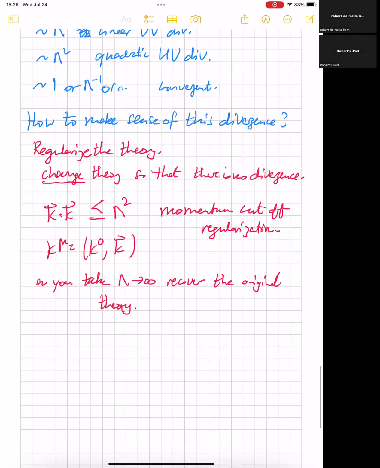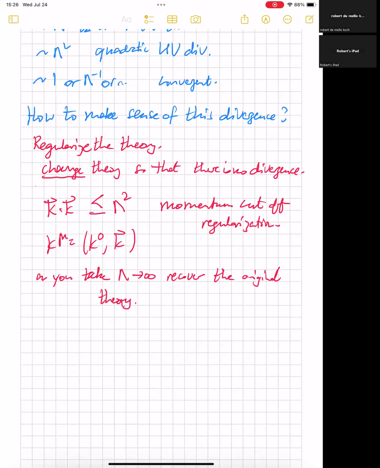Now notice something. With this regularization that we're using, where we're cutting off the momentum, we have spoiled Lorentz invariance, okay? And why is that the case? Well, imagine you've got some momentum. I'll boost to another frame. Now the momentum gets slightly bigger. I'll boost again. The momentum will get bigger still.